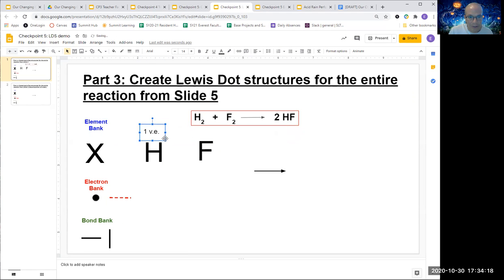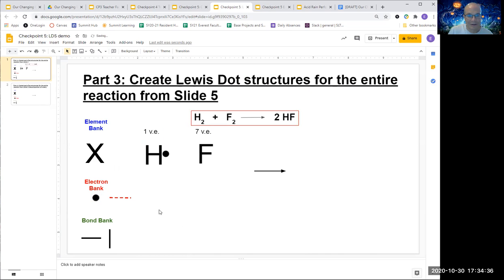And fluorine over here has 7 valence electrons, which is a lot, but that's okay. I think we can manage it.